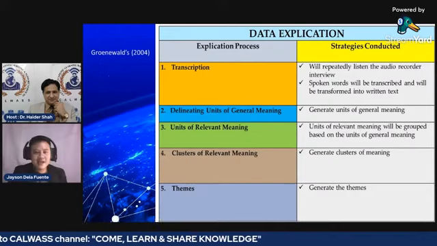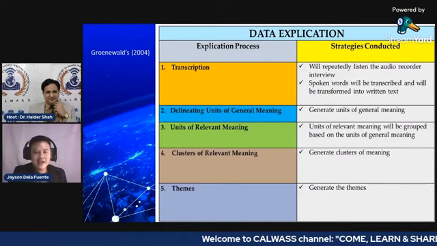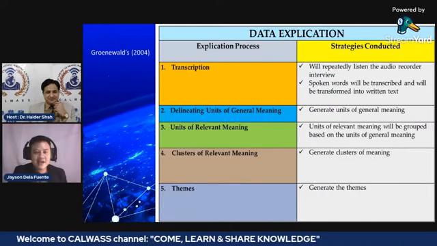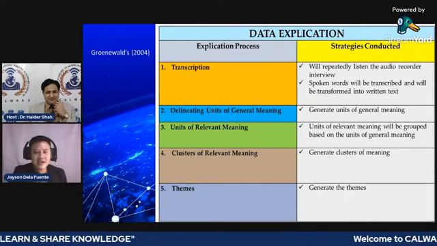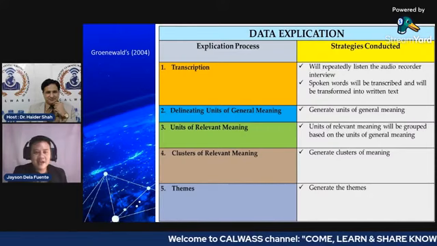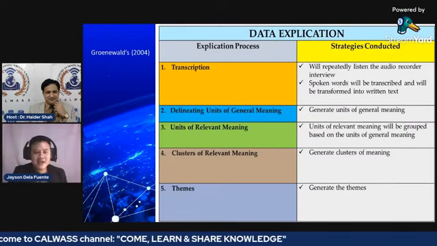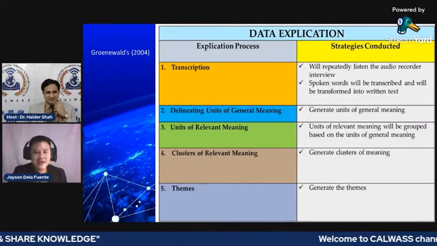In the context of countries that have different spoken languages, such as in the case of the Philippines, we have actually a lot of languages. We have Bisaya, Cebuano, Hiligaynon, Tagalog, or Filipino. So if we have participants having different languages, we are going to transcribe verbatim, word for word, what had been shared to us by our participants.